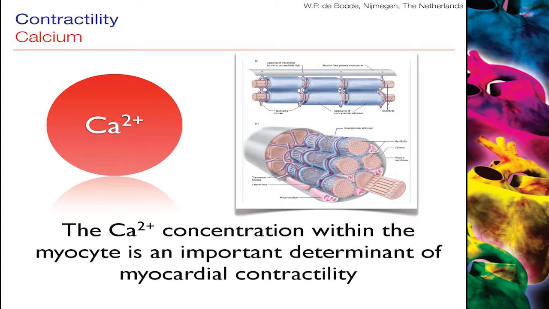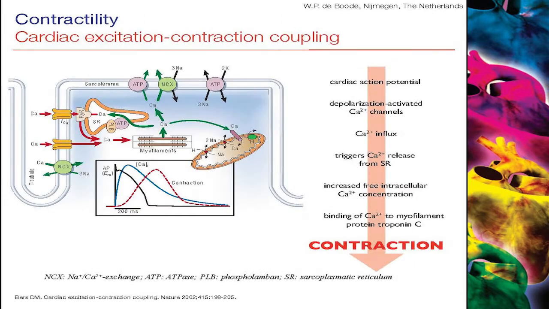The calcium ion concentration is very important for myocardial contractility. And how does that work? The cardiac action potential induces depolarization, activating calcium channels with an influx of calcium into the cell.